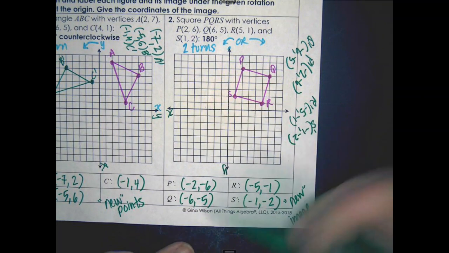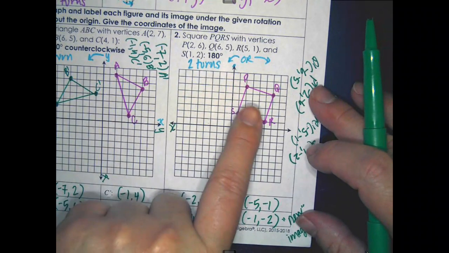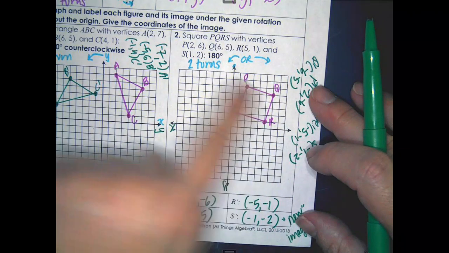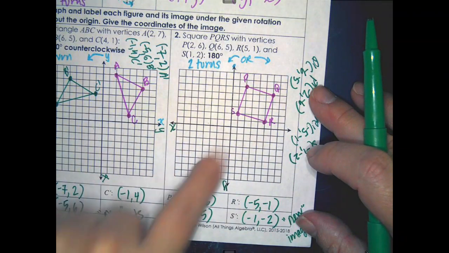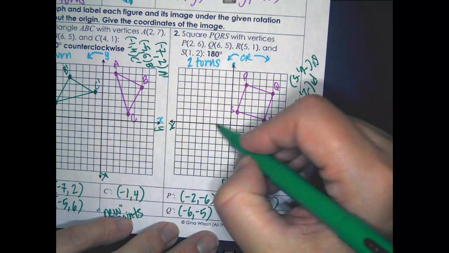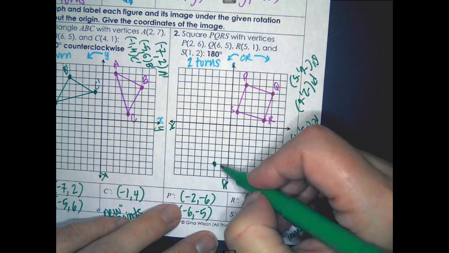All right, now let's go back and plot these bad boys right up here. Now, if we're looking at this, 2 turns, we said first quadrant, so 2 turns should put us in the 3rd quadrant. Second, third. So if we did this correctly, our shape should be here. All right, negative 2, negative 6. So this is our P prime.